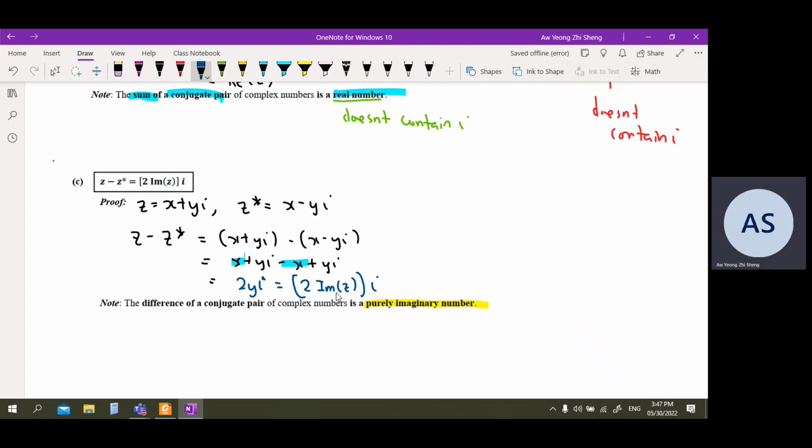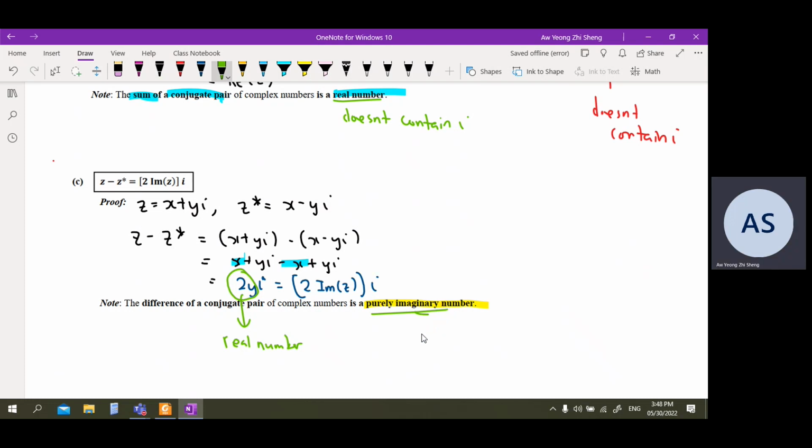Right, so the imaginary part of z, or the y itself, is simply a real number. So 2y is just a real number. Some real number times i is a purely imaginary term. Earlier on page 1, we already learned what purely imaginary means. So it is just some real number times i. So the note at the bottom here says, when you take the difference of a conjugate pair, when you take z minus z star, you get a purely imaginary number, where it only has the term that contains i.